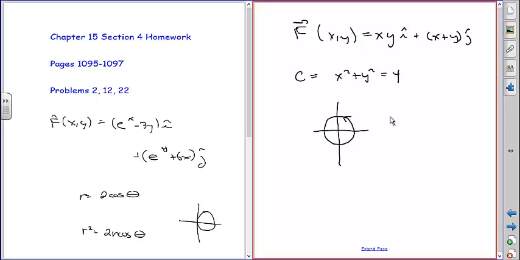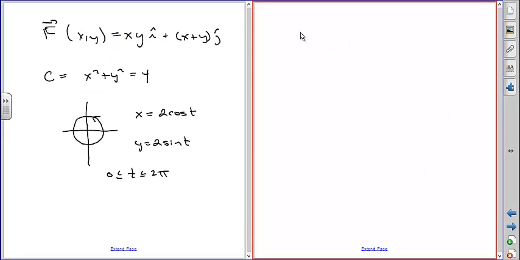Because it's a circle, we would use the parameterization x equals 2 cosine t and y equals 2 sine t, and t would go between 0 and 2 pi, if we were going to use the line integral. But what we're doing here is using Green's theorem. This one we could actually probably do as the line integral; it might not be as daunting.